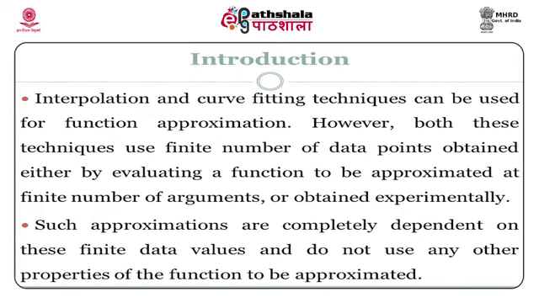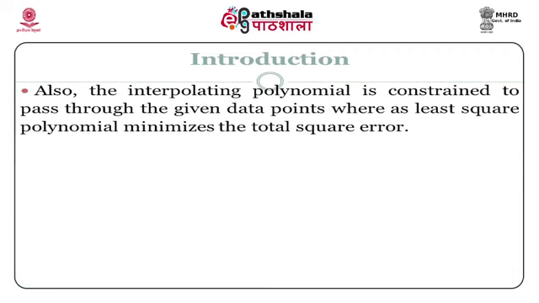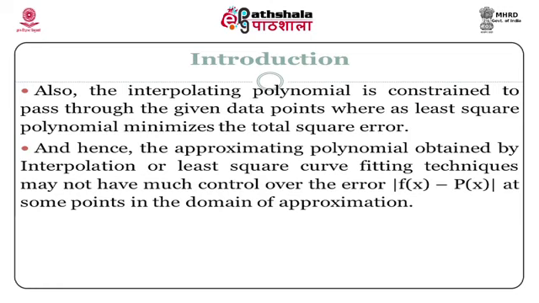Such approximations are completely dependent on these finite data values and do not use any other properties of the function to be approximated. Also, the interpolating polynomial is considered to pass through the given data points, whereas the least square polynomial minimizes the total square error, and hence the approximating polynomial obtained by interpolation or least square curve fitting techniques may not have much control over the error |f(x) - p(x)| at some points in the domain of approximation.